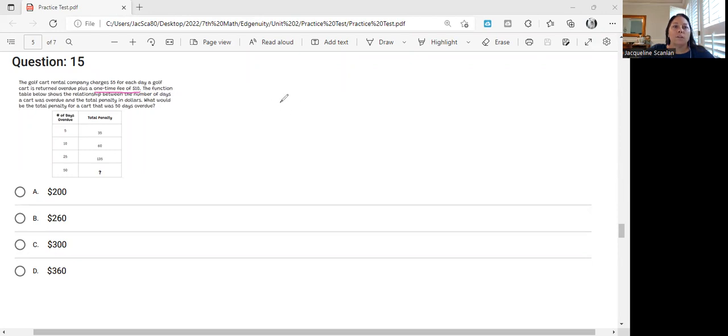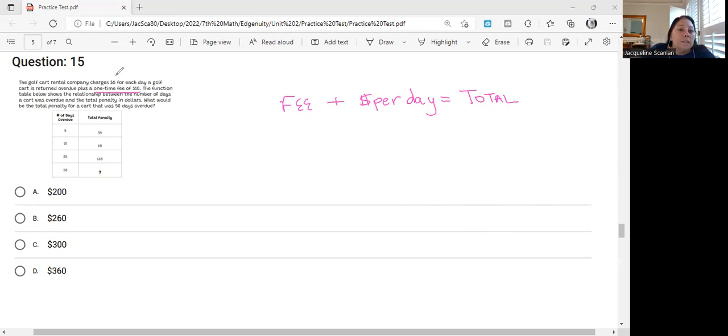It's going to charge us a fee, and it's going to charge us money per day overdue. And that's going to give us the total amount of money we need to pay for having our golf cart be overdue. So the fee plus the dollars per day is going to give us our total amount.